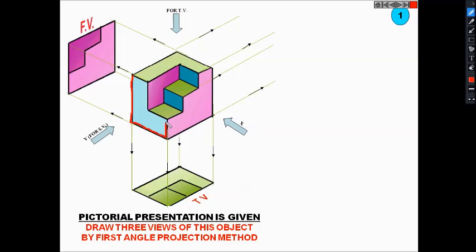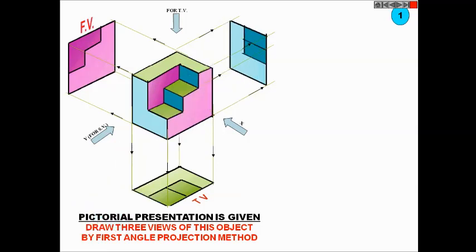This L portion is clearly visible for the observer, as well as through the slot these two rectangles are also visible. So the observer can clearly see this L portion, as well as these two rectangles. If you go for drawing the side view of the object, it looks like this.